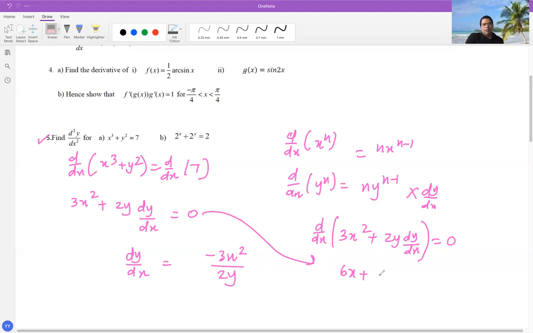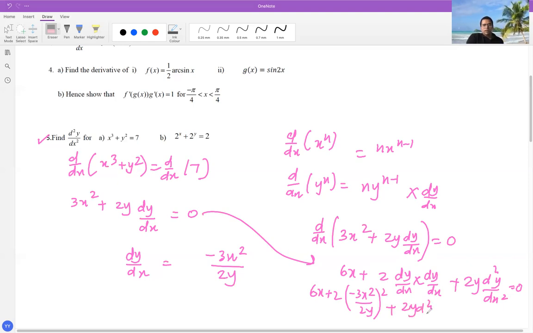So 2 times, now y derivative is dy by dx, and there is already a dy by dx here, plus 2y times derivative of dy by dx, which is d squared y by dx squared, equals 0. So here what we get is 6x plus 2 times dy by dx the whole squared, which is 2 times negative 3x squared over 2y the whole squared, plus 2y d squared y by dx squared equals 0. And then you solve for d squared y by dx squared.